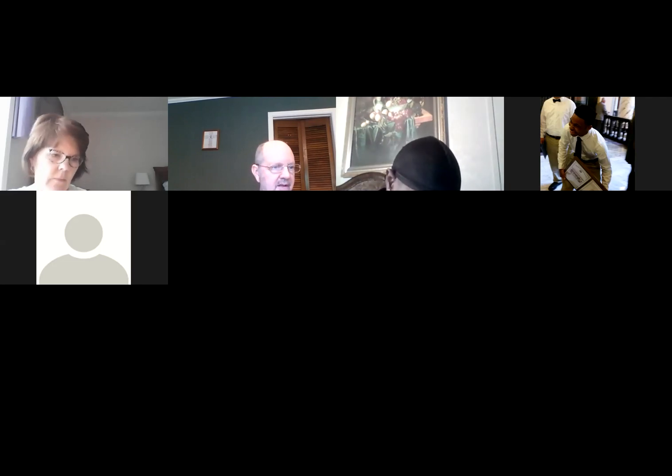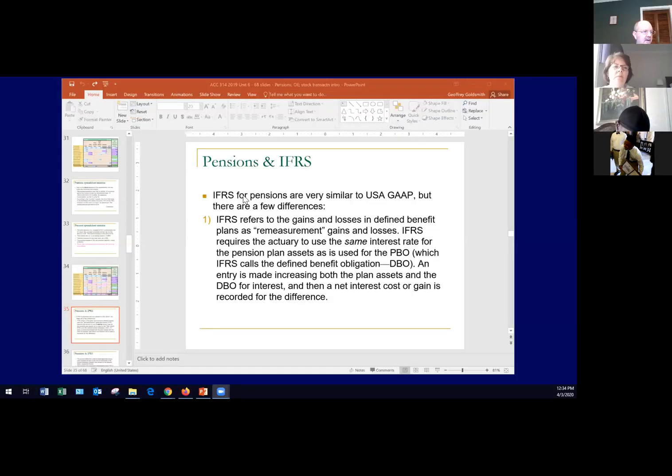Okay, then let's take a look at the next slide. Pensions and IFRS. IFRS for pensions are very similar to USA GAAP, but there's a few differences. IFRS refers to the gains and losses in defined benefit plans as remeasurement gains and losses.